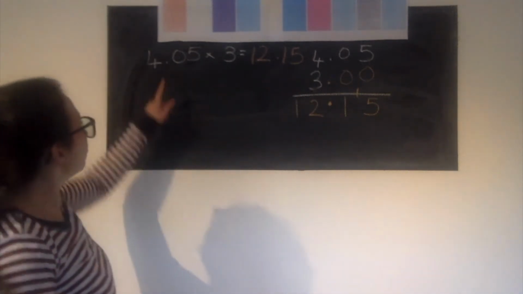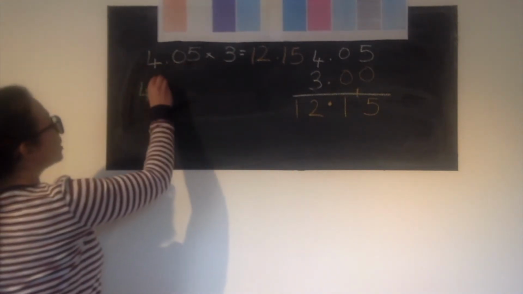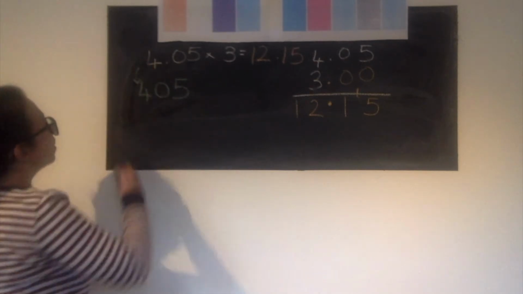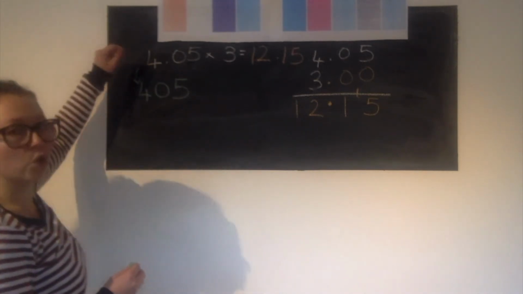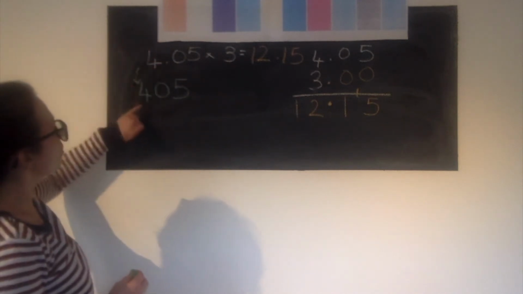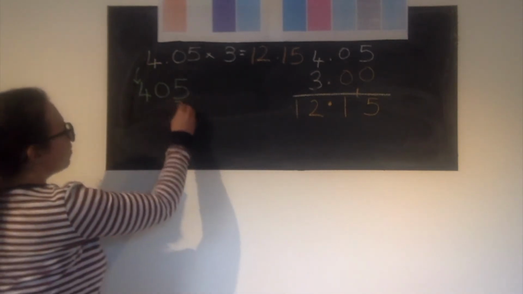Now, just like yesterday, there's another method that we could do to solve this. We could turn 4.05 into 405. So we have multiplied this number by 100. 10 times bigger would be 40.5, 100 times bigger is 405. I could then multiply that by 3.